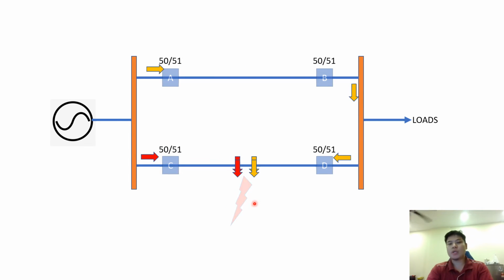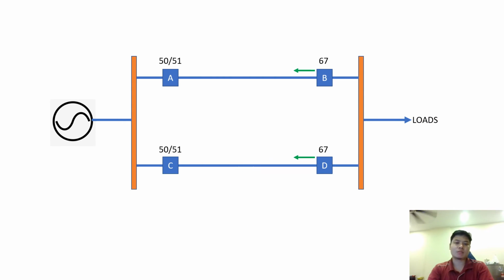What we worry about is that, depending on the settings on the overcurrent relay, all of the circuit breakers can operate at any point in time, which results in both lines being off. As a result, our load will not have continuous power supply.